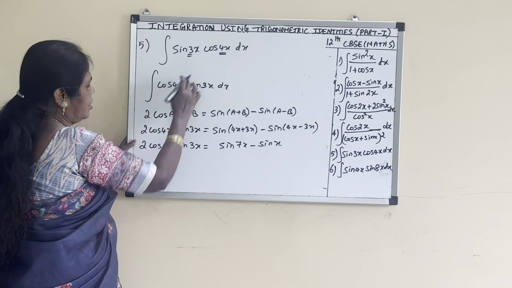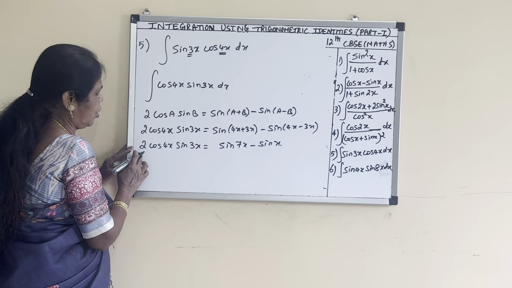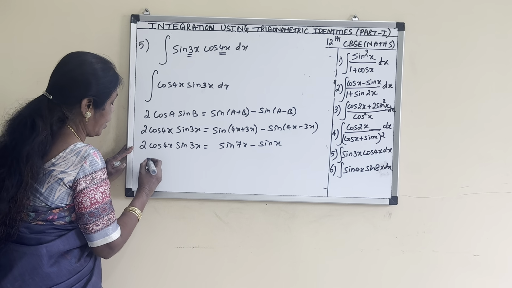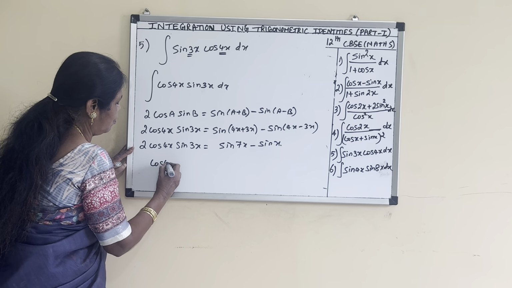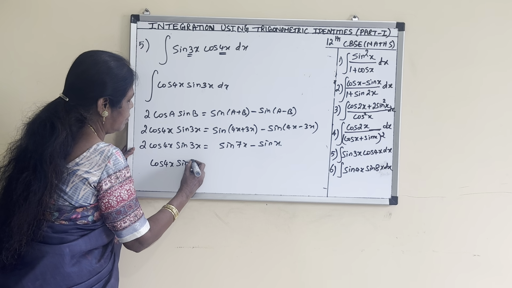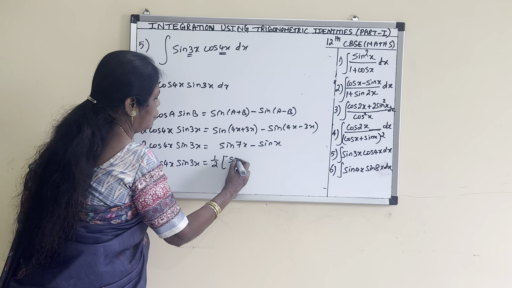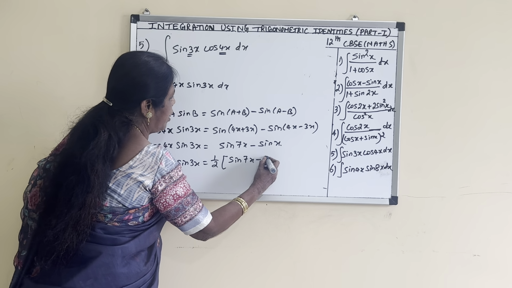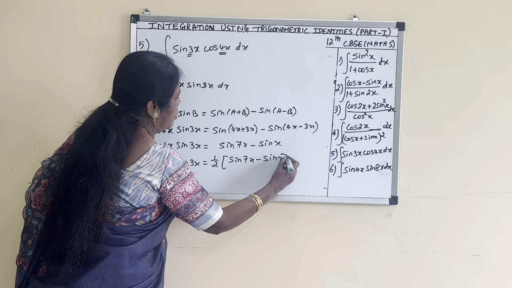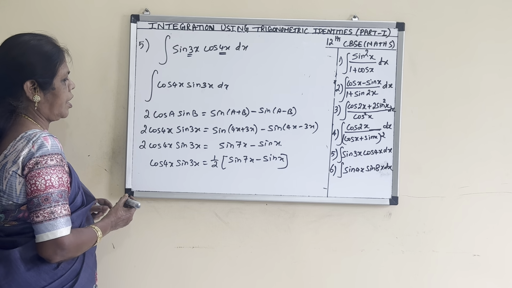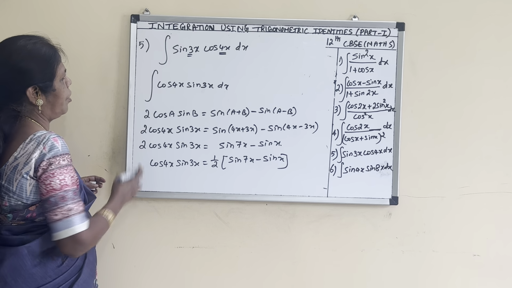We have only sin 3x cos 4x, so we don't want the 2. Let's take it to that side. That is cos 4x sin 3x, which is equal to 1 by 2 into sin 7x minus sin x. So this is the one that I am going to substitute in that formula.